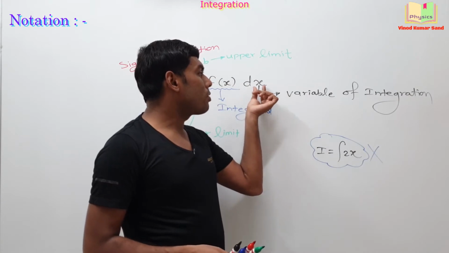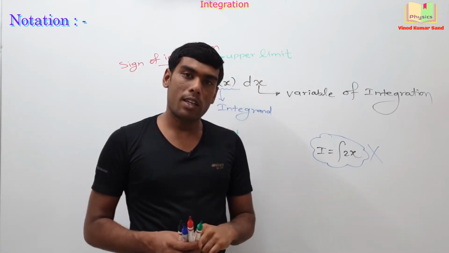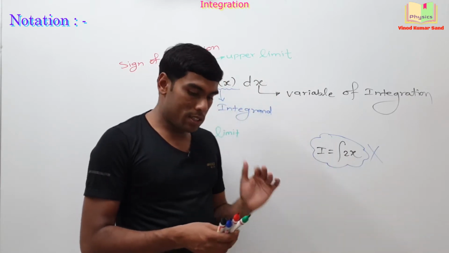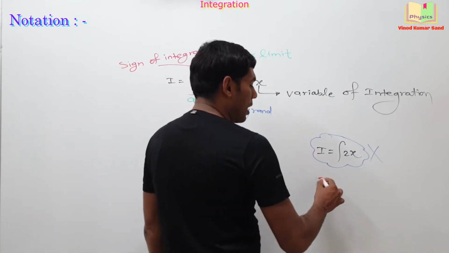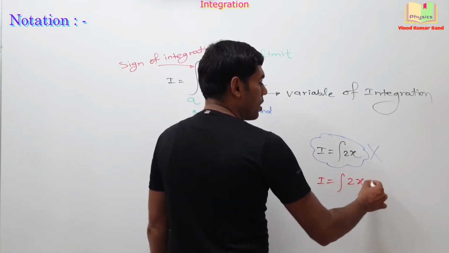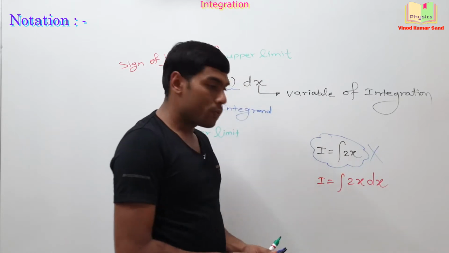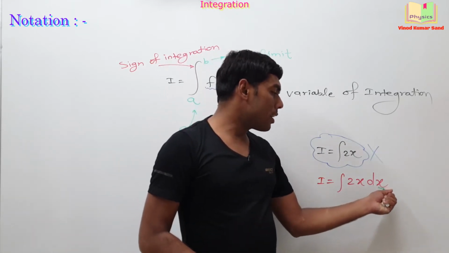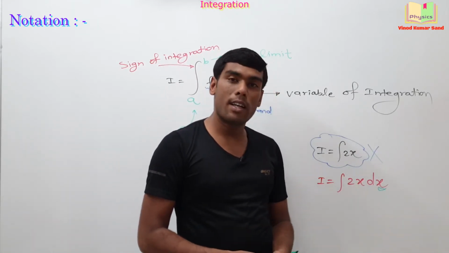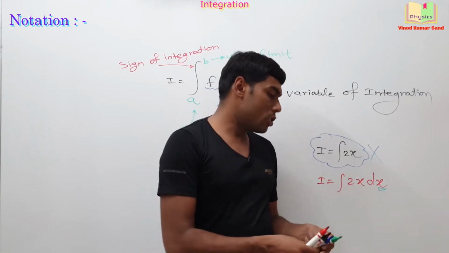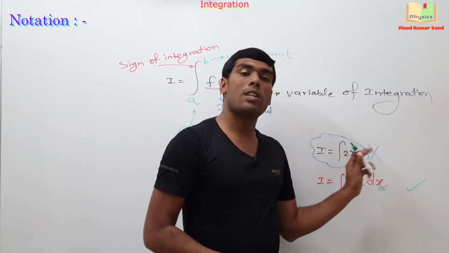Without the variable of integration, you cannot integrate. So this is useless. Correct representation would be, let's say if someone gives you the things like this, here you have defined the variable of the integration. So this representation is good one and this one is wrong.